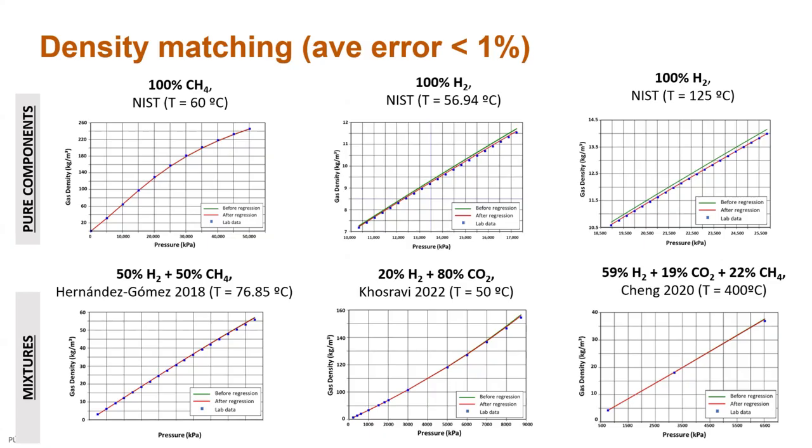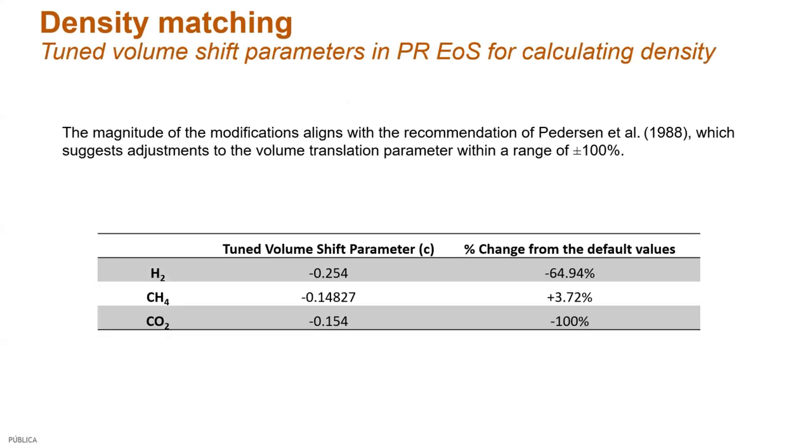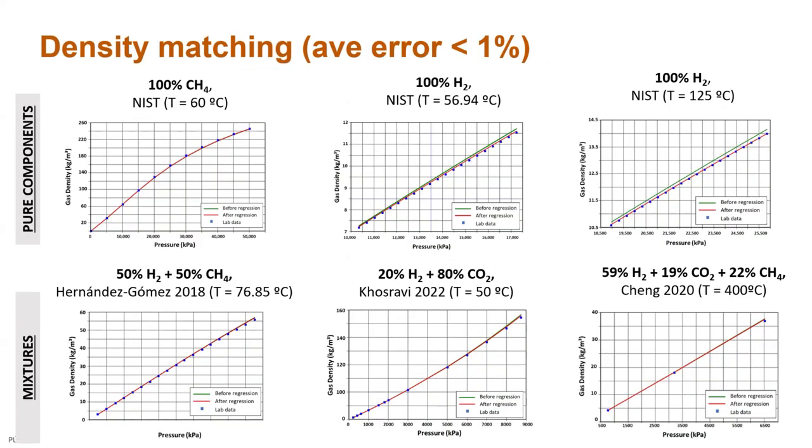Then we need to do 100% CO2, 100% hydrogen, and then mixtures of CO2 and hydrogen. Actually, we did it for CO2, but it's not plotted here. But in the paper, the same equation of state is predictive for 100% CO2 as well.